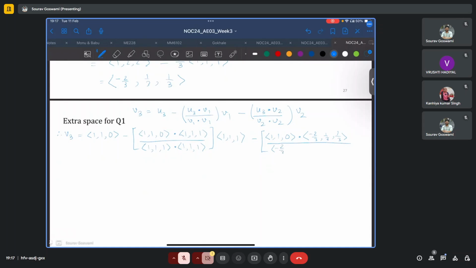So minus 2 by 3, 1 by 3, 1 by 3 dot minus 2 by 3, 1 by 3, 1 by 3. We have to multiply this with the vector, so I'll just bring this down for clarity.